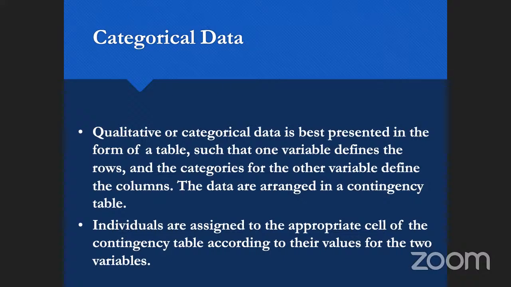While if we had any categorical data, which is quantitative data that is best presented in the form of a table, such that one variable can define the rows and another variable defines the columns, these data are arranged in contingency tables, and individuals are assigned to the appropriate cell of the contingency table according to their value for the two variables.